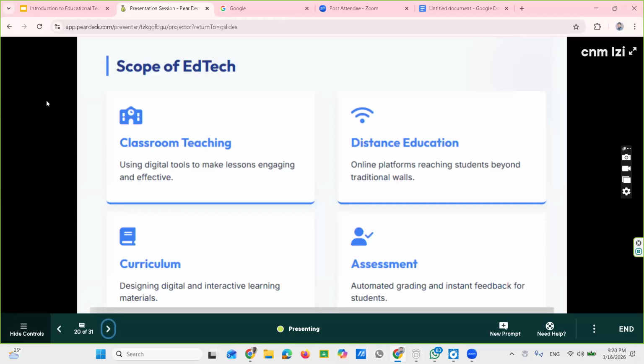Then curriculum, designing digital and interactive learning materials. Again, technology supports you to design digital and interactive learning material, right? Interactive learning material, like the presentation slide I am showing you. You write down the answers, and at the same time, I can read your answers. That's interactive, right?